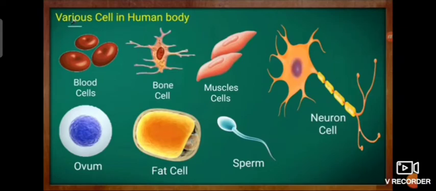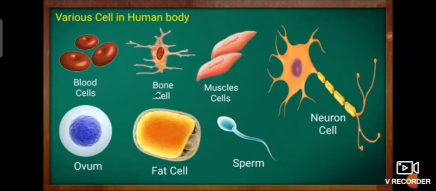Now there are various cells with various shapes in the human body. The very first example is the blood cells. You already know that there are three main types of blood cells: RBC, WBC and platelets. Blood cells are generally round or oval in shape.